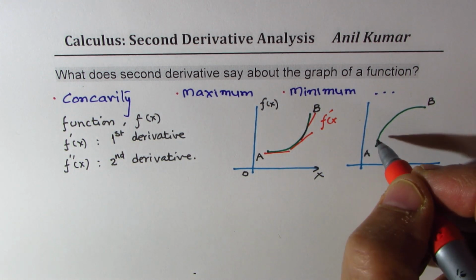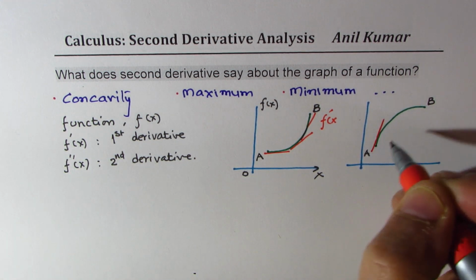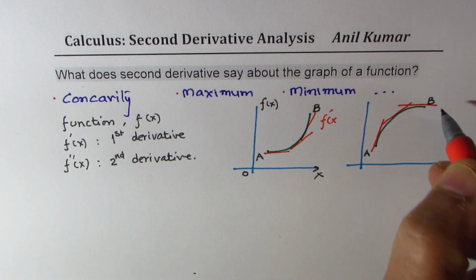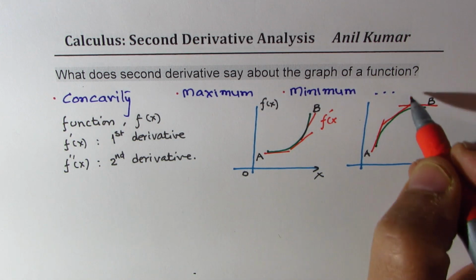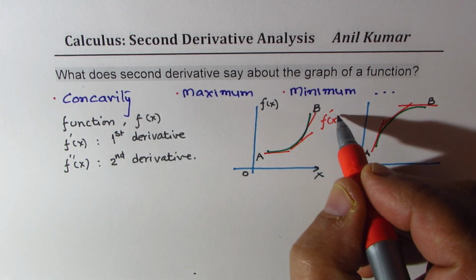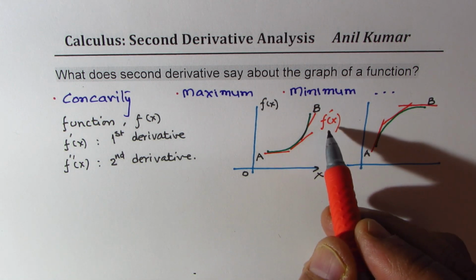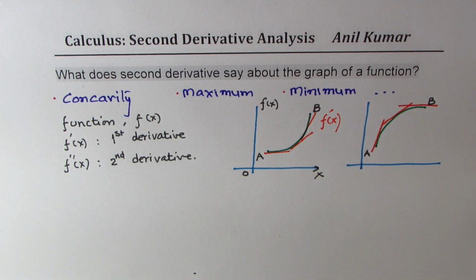Okay, let me make tangent lines in the second case also to points on the curve, right? So see these three, right? So these are my tangent lines. The slope of the tangent is the first derivative.